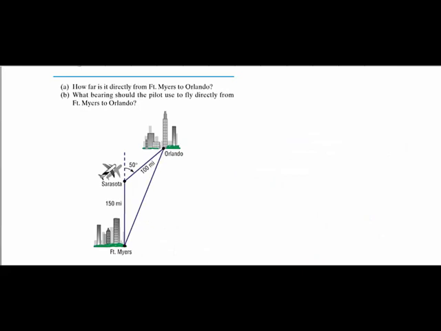For our final story problem of this video, we're going to look at this situation about flying from Fort Myers to Orlando. So we need to figure out just how long it is. So Fort Myers to Orlando, we're just going to call that side A. We'll use a lowercase a, and that means that this angle here is going to be capital A. And we can find this angle A because we can take the supplement of 50 degrees, which is 130 degrees.